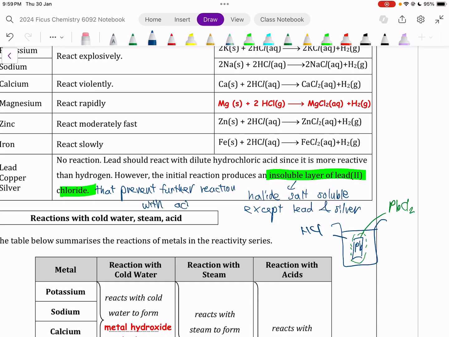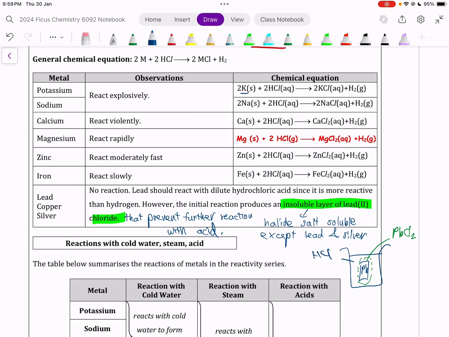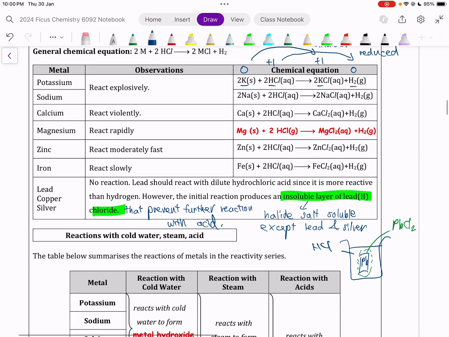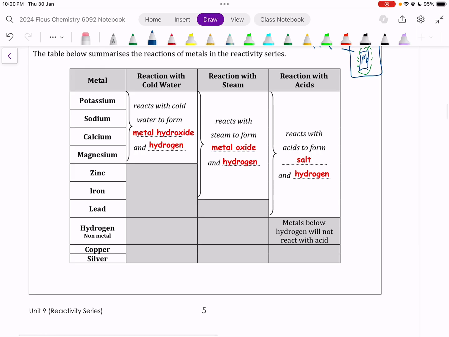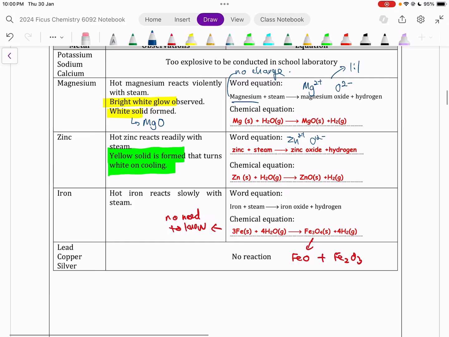Of course, all these reactions are actually redox. If you take a look at this one, the oxidation state goes from 0 to +1. Do you realize that the metal gets oxidized, then the hydrogen is reduced? Earlier on also the same thing. Let's take a look at this from 0 to +2.